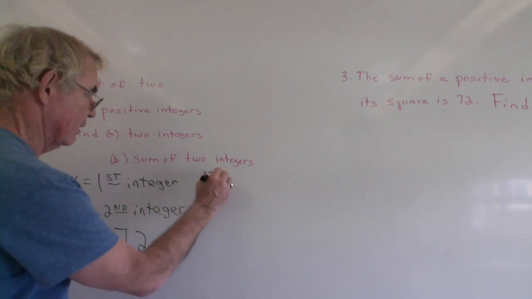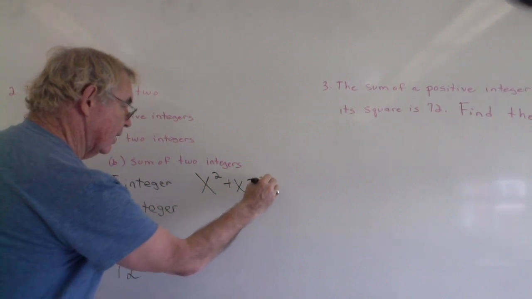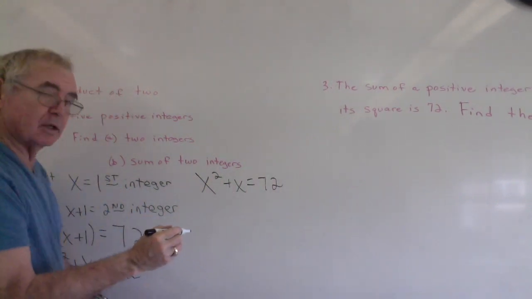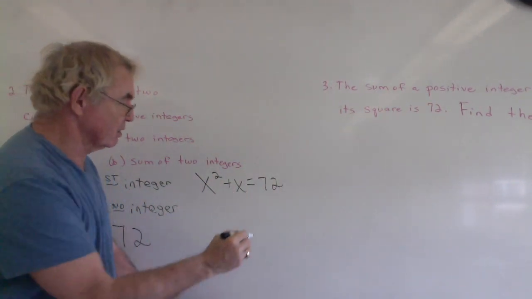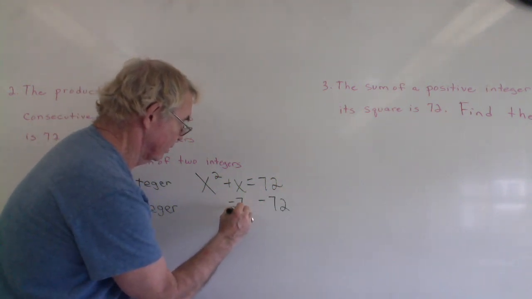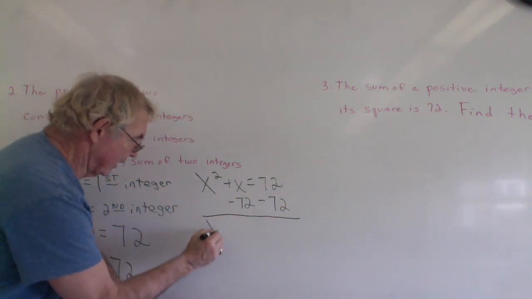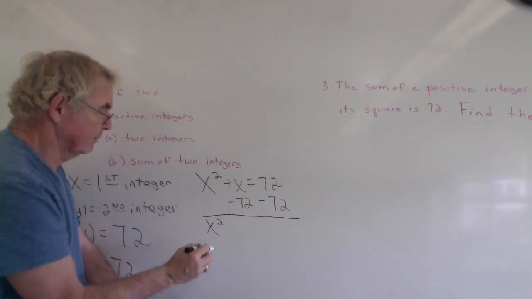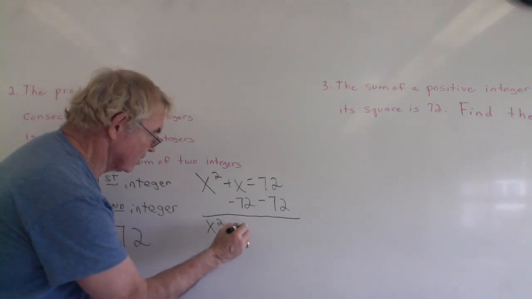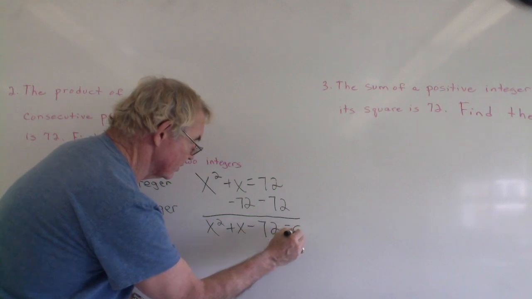So let's rewrite it. Subtracting 72 from both sides, we have negative 72 and negative 72. X squared plus x minus 72 is 0.